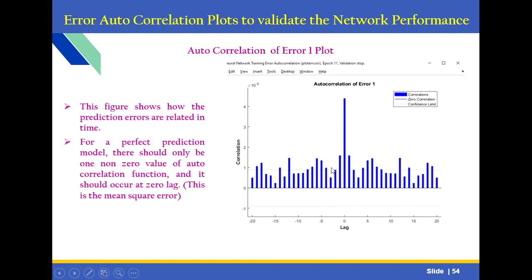For a perfect prediction model, there should only be one non-zero value of the autocorrelation function, and it should occur at zero lag. This is the mean square error. This is an accurate result. It is a lag versus correlation graph for finding the autocorrelation of error.